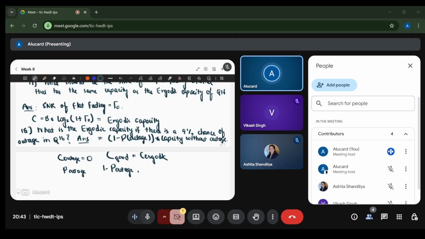Now the overall ergodic capacity is the average value of these two capacities. So it's 0 with probability P outage plus C ergodic with probability 1 minus P outage. And this term will go away. We are left with this.